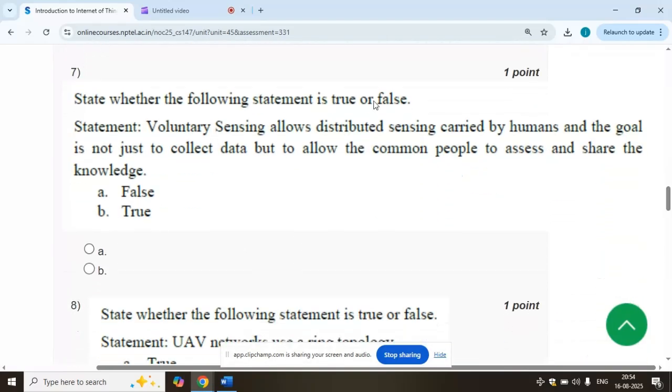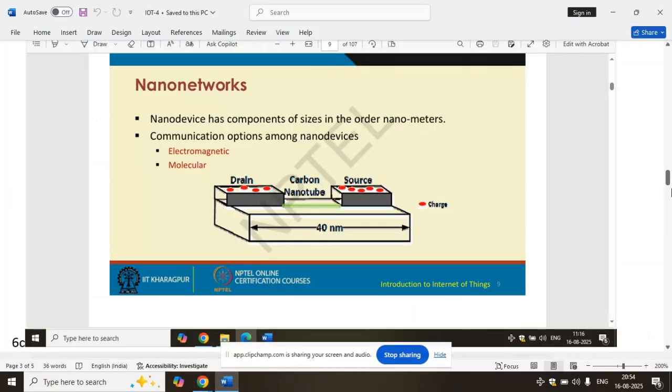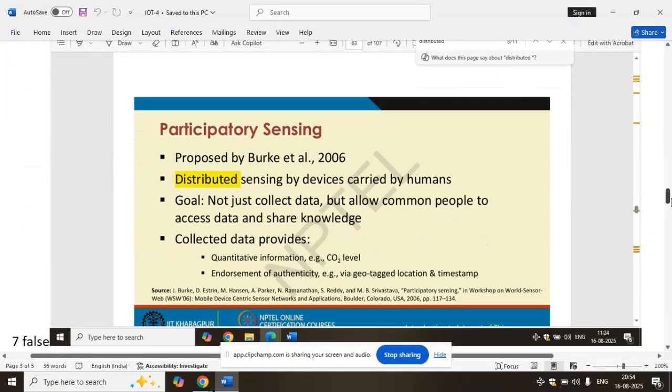Seventh one, state whether the following statement is true or false. Voluntary sensing. So we'll see seventh one. Seventh one we can see here. Here is participatory sensing. Distributed sensing by devices carried by humans. Goal not just collect data but allow common people to access data and share knowledge.